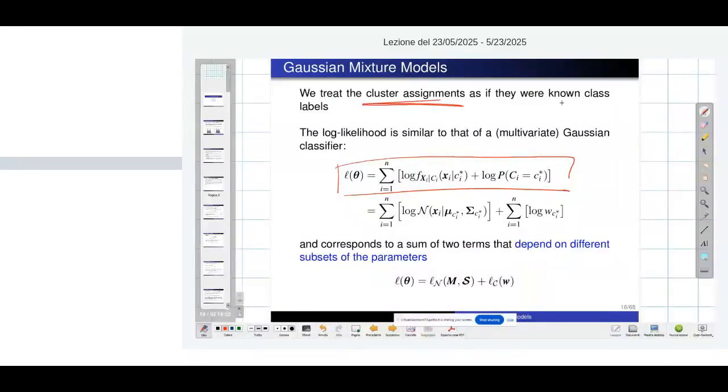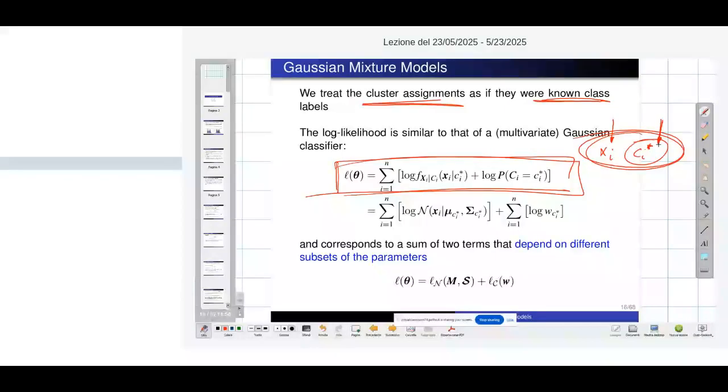When we treat cluster assignments as if they were labels, we can write our log likelihood. The log likelihood is, in this case, since we have both xi and ci star, we treat the ci star as data, our log likelihood is the probability, or better, the density of all the training set values, which include the original values and the now synthetic labels that we have assigned to the cluster.